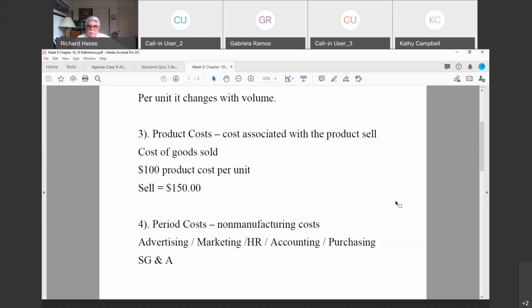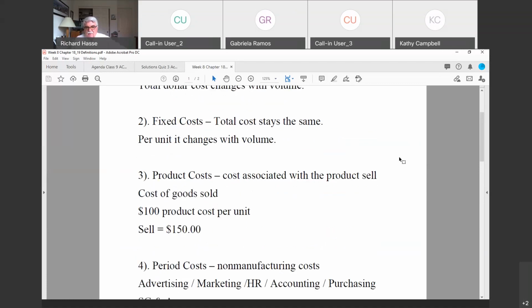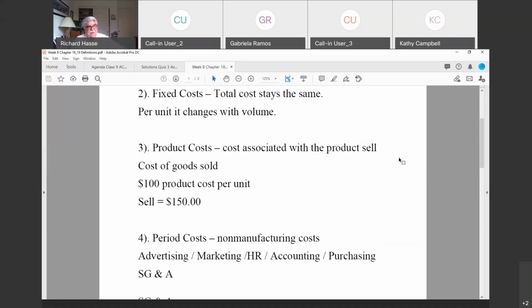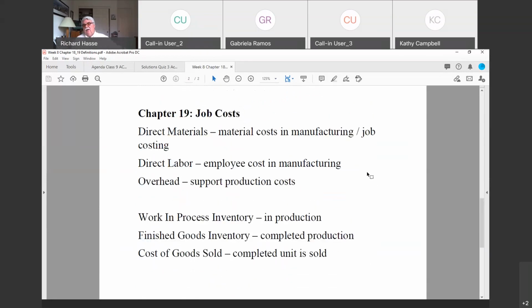So we have variable and fixed, which is the nature of the per unit cost of a product. We have product or period cost, designating costs associated with producing product and other operating costs of the business. And then in chapter 19, we broke down these manufacturing costs into materials, labor, and overhead costs.